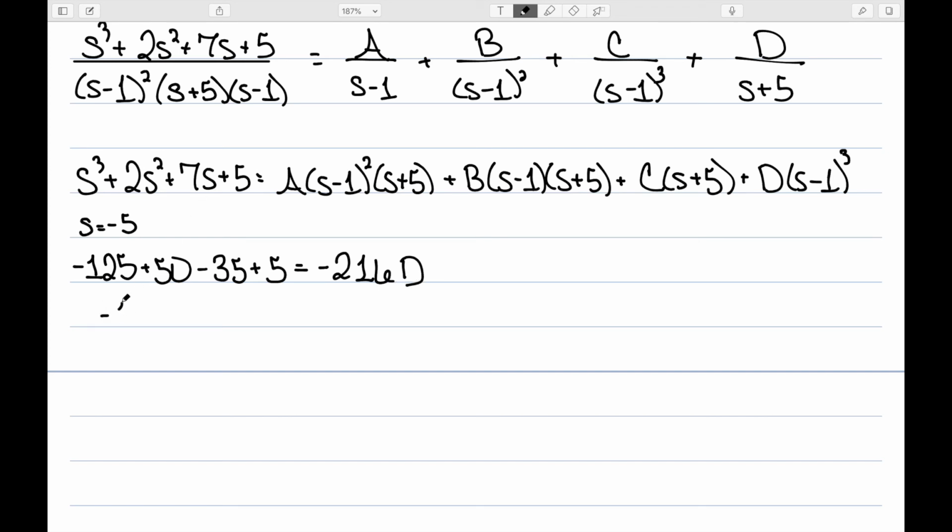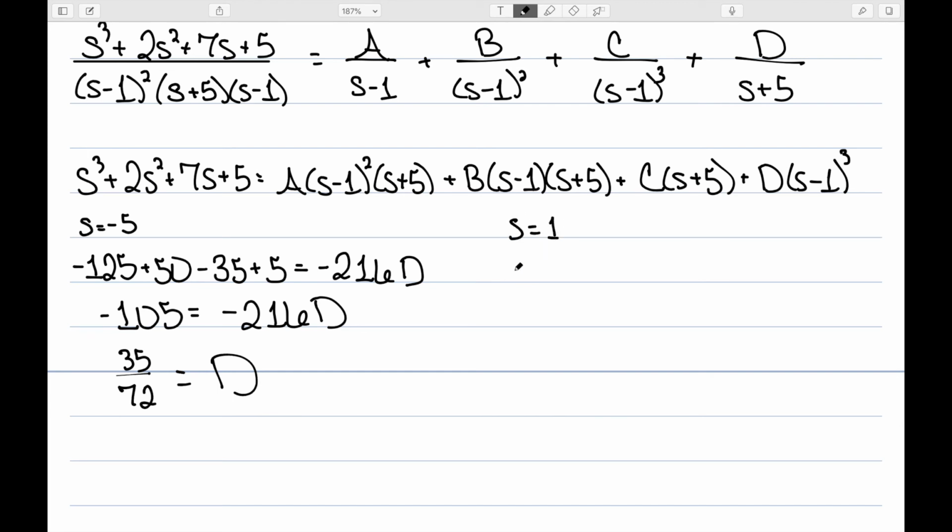So this gives me minus 105 is equal to negative 216D, which gives me 35 over 72 for D. The next thing I'm going to do is let s be equal to 1. Then I have 1 plus 2 plus 7 plus 5.